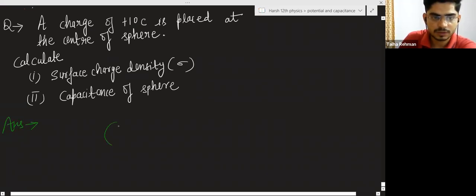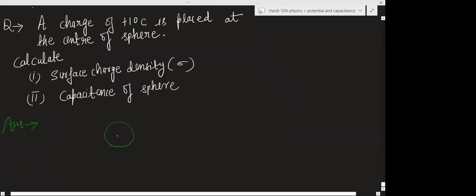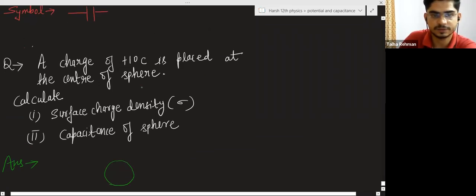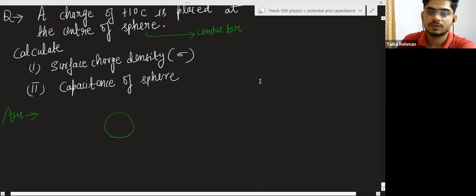So suppose this is the sphere. Remember that this sphere is a conducting sphere. So when you place the charge here, what will happen?